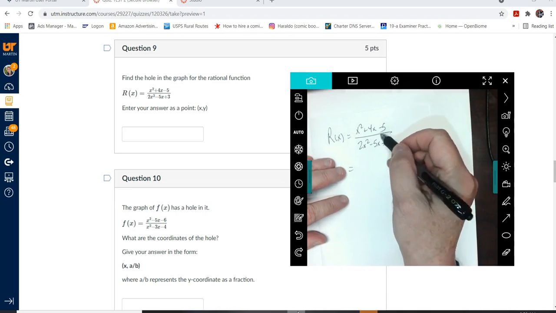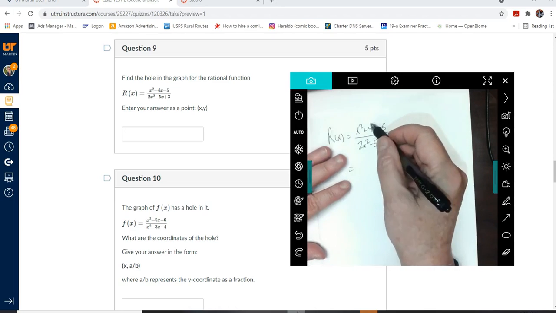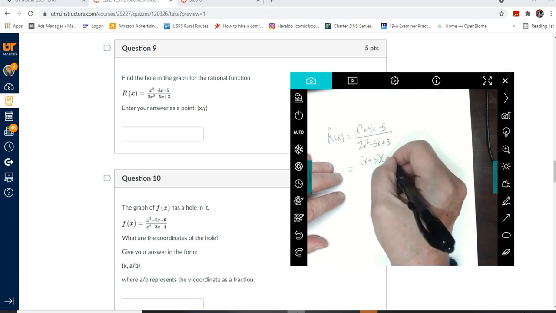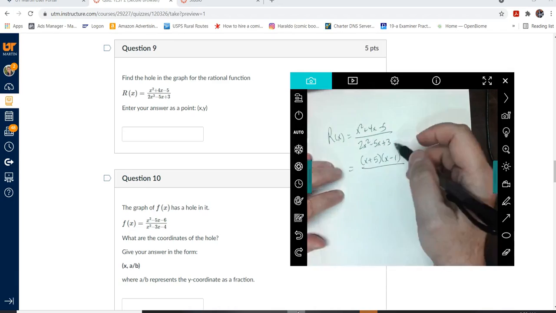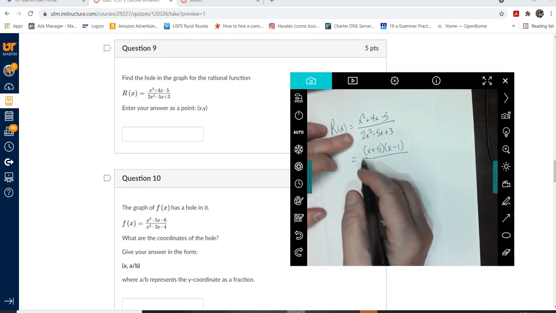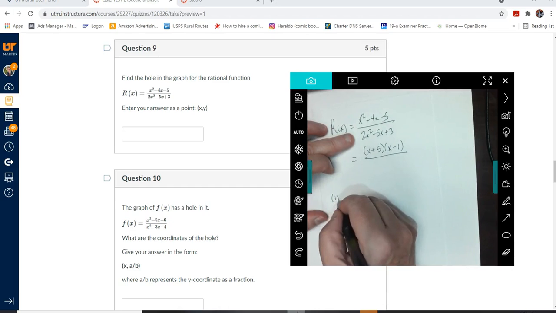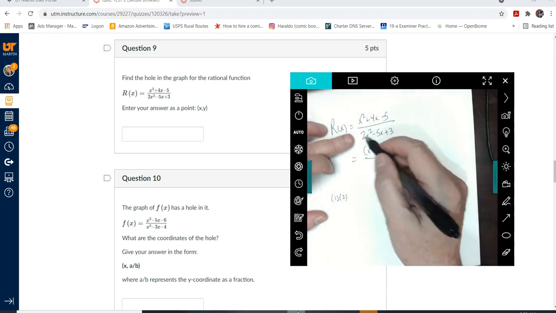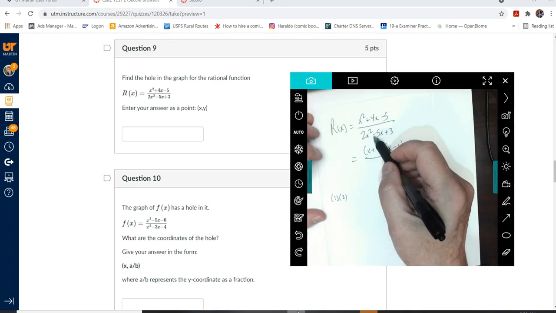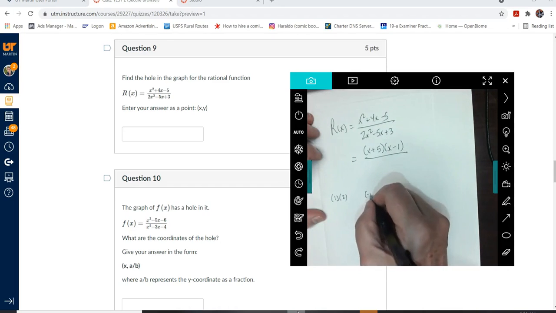Two numbers that multiply together to give you negative 5, but add up together to give you positive 4. So positive 5 and negative 1. And here, I'll have 1 times 2 for that coefficient. And here, my coefficients for positive 3, they're both going to need to be negative. So I can have negative 1 and negative 3, or negative 3 and negative 1.